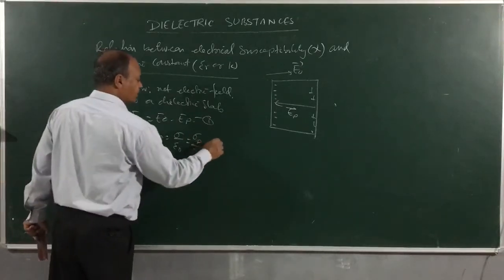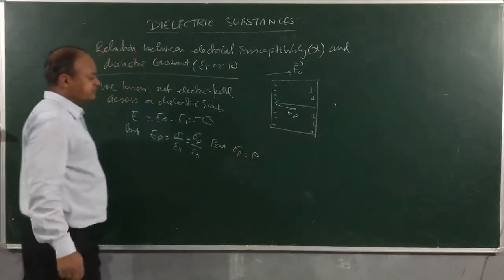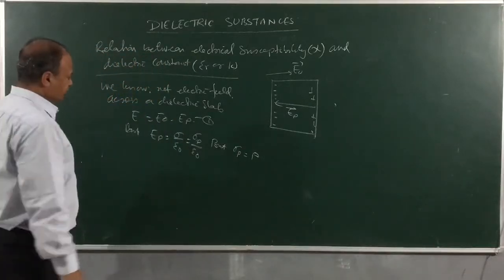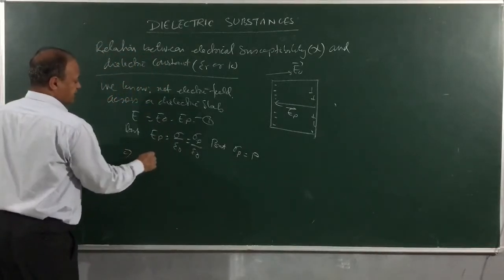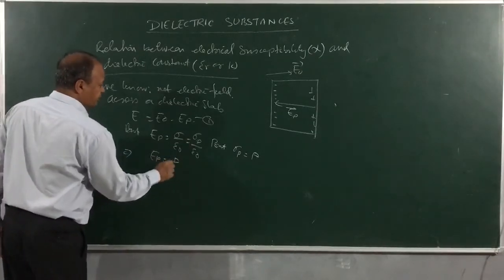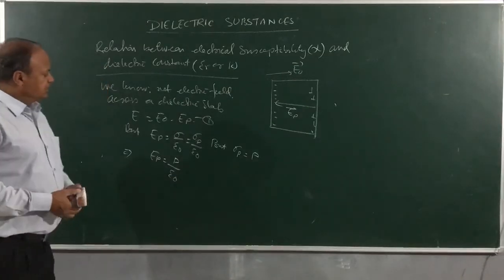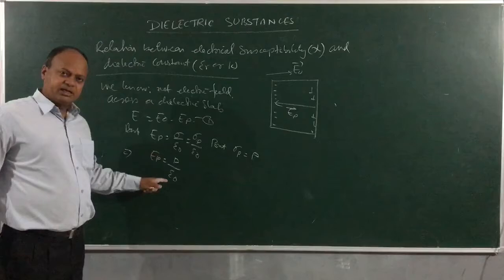But we also derived that sigma P is equal to what? Polarization P. So if I put this value here, I will get EP is equal to P divided by epsilon naught.